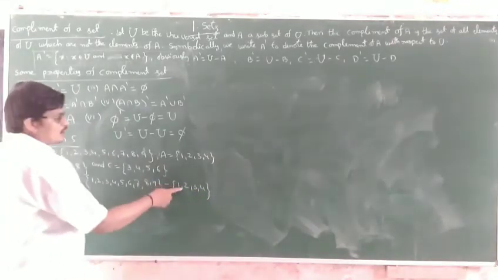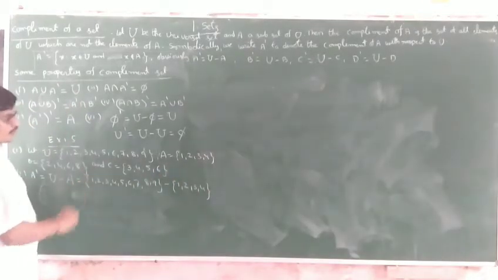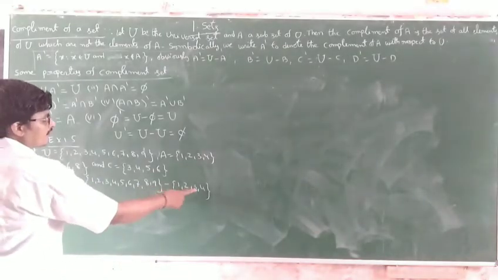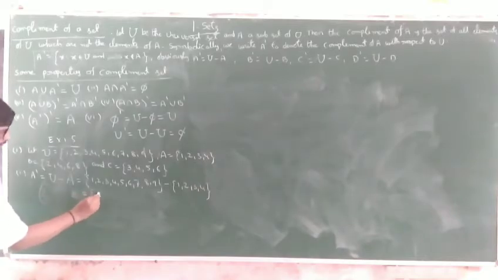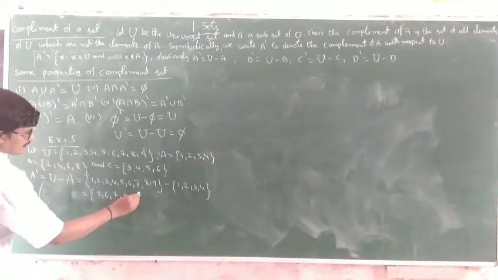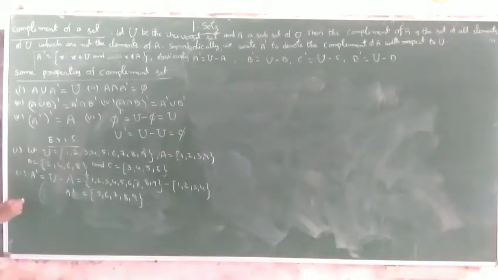So 1, 2, 3, 4 are removed, deleted from the universal set. So what is A complement? A complement is equal to the remaining, 5, 6, 7, 8, 9. This is A complement.